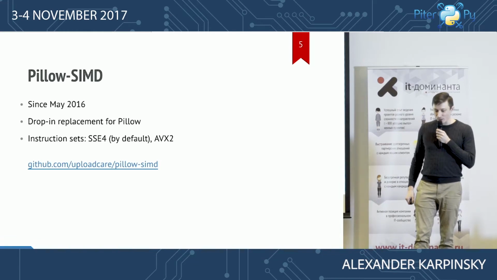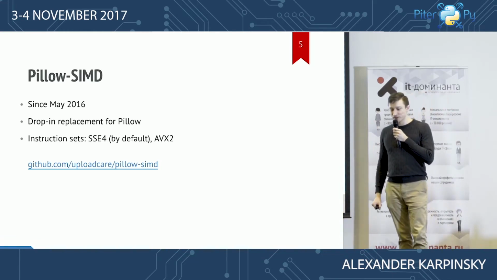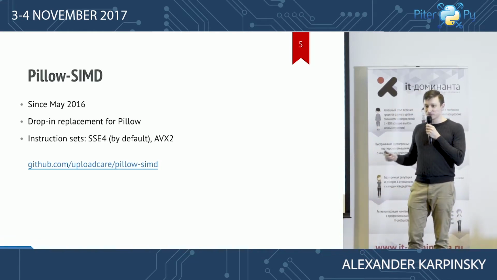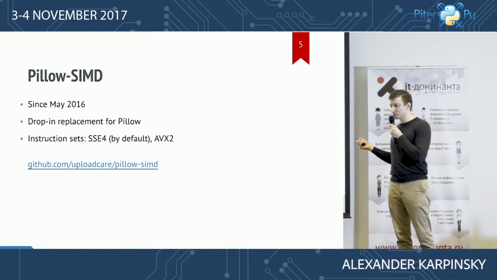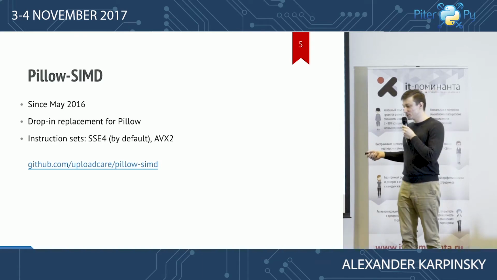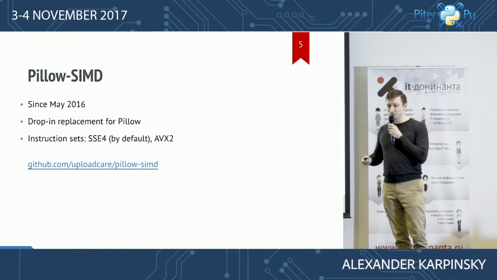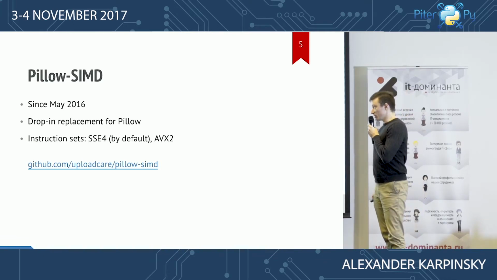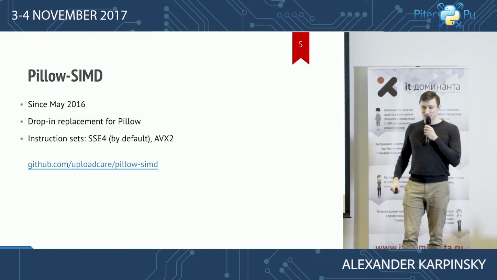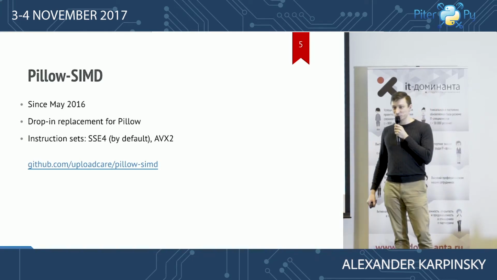Pillow SIMD is a fork library, or rather it is a replacement of one library with another, and those operations that were rewritten start running fast, and you don't have to change a single row of the source code.